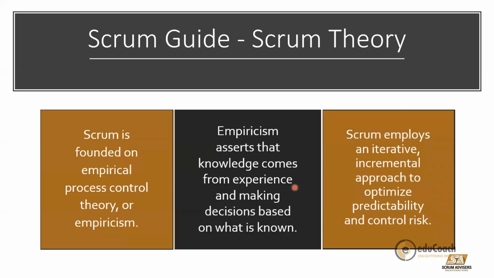Scrum employs an iterative and incremental approach to optimize predictability and control risk. The predictability and the risk control come from the fact that we are working in iterations, in sprints. We understand what feature we want to work on in which sprint.